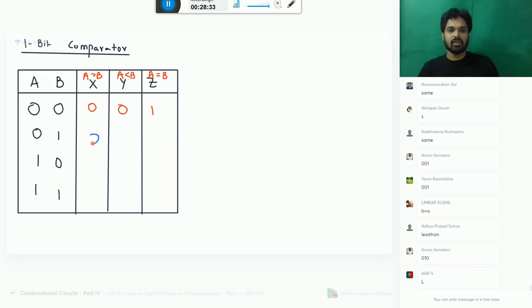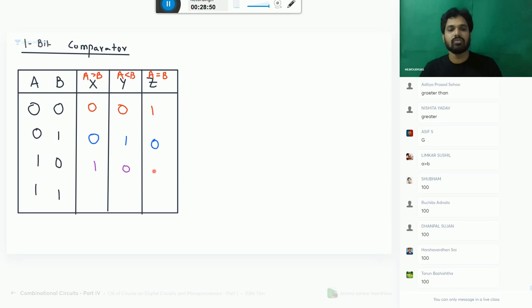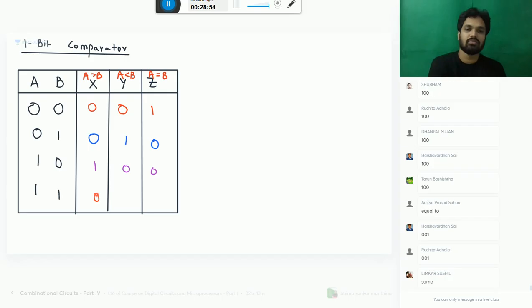It is not greater than, it is less than, it is not equal also. Next, 1 and 0: 1 is greater than 0, but not less than, not equal. Lastly, 1 and 1, again they are equal.